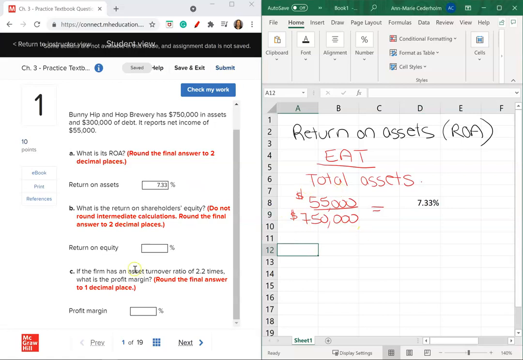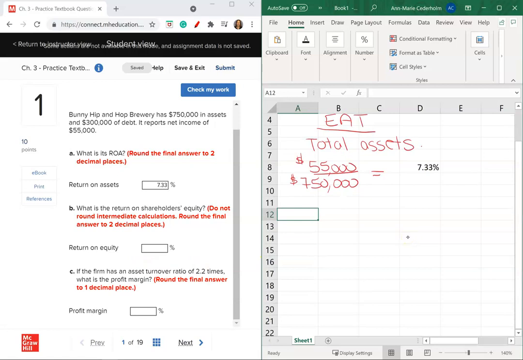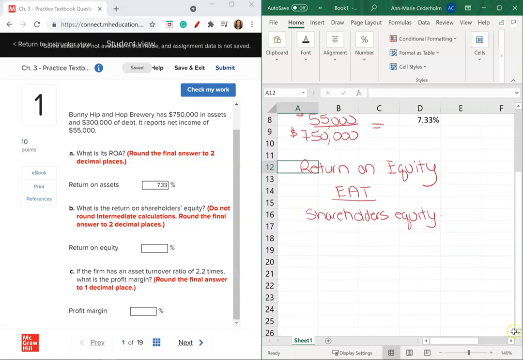Now the next question is return on equity. So the formula for return on equity is your earnings after tax divided by shareholders' equity. So in this question, it doesn't tell us what the shareholders' equity is, but I can solve it by using the accounting equation.